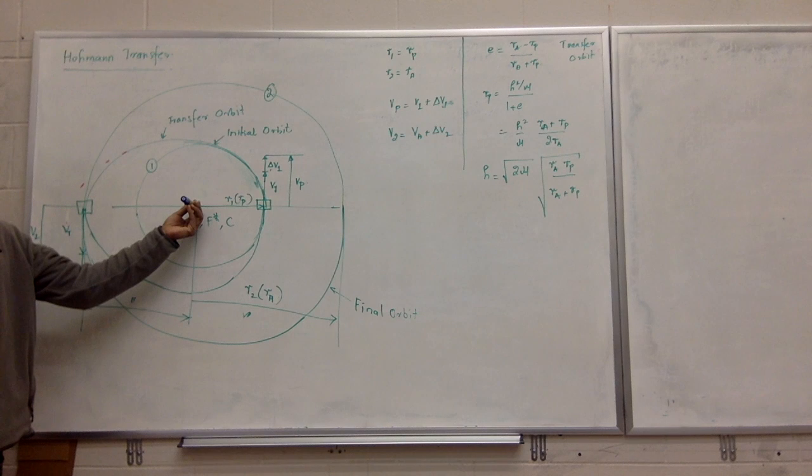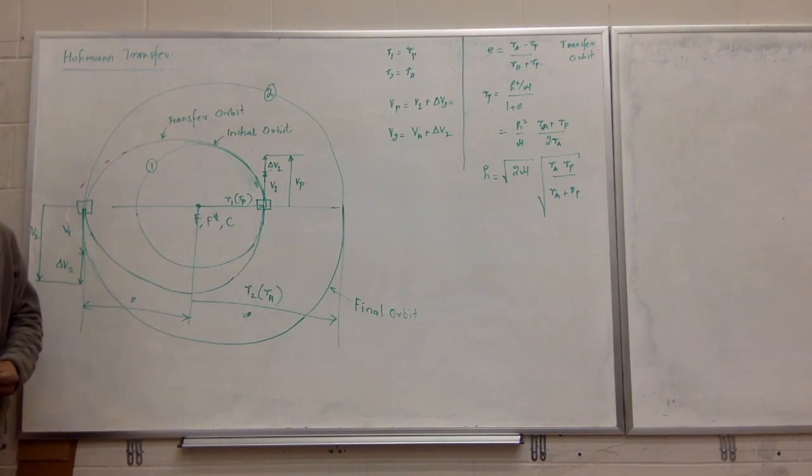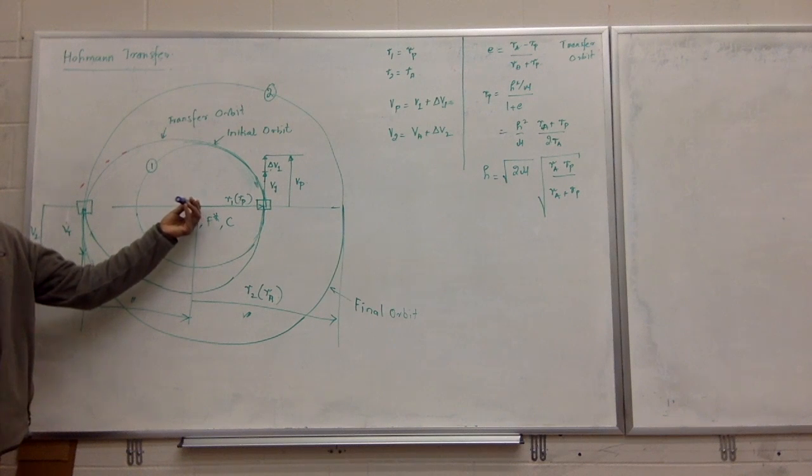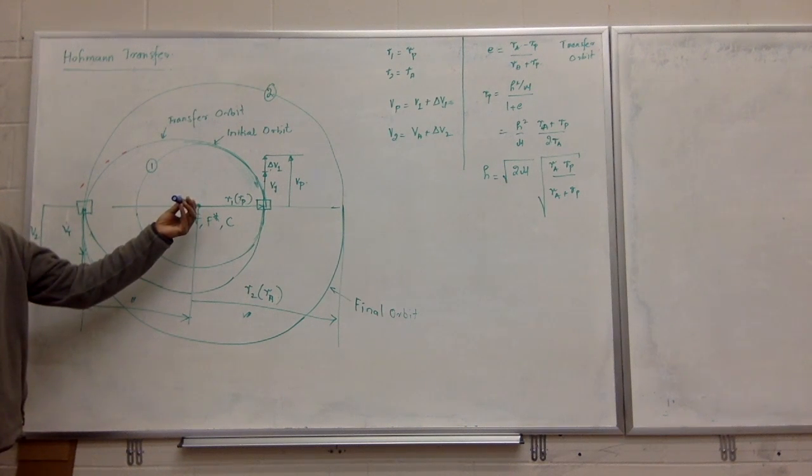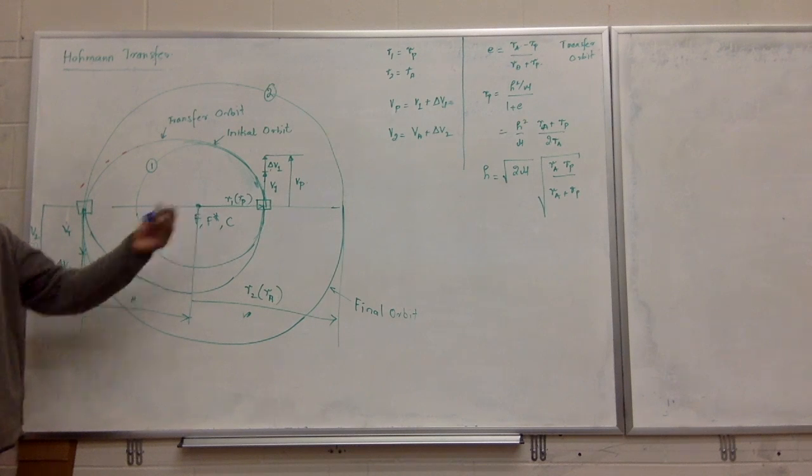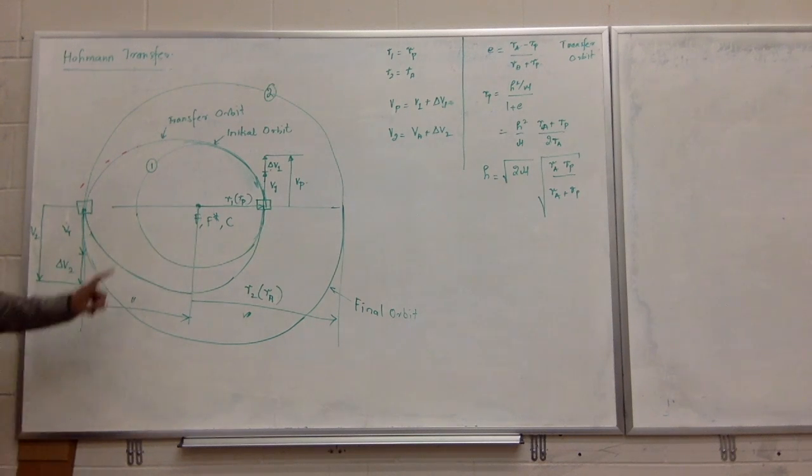Everything is rotating around it. Axis of rotation is what? This, right? So the angular momentum vector is the axis of the orbit. It's coming out.